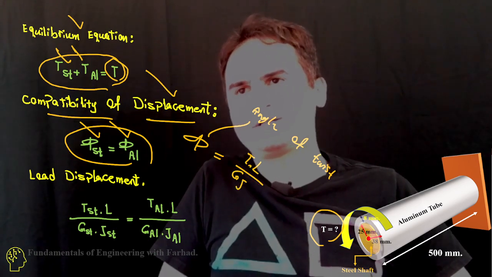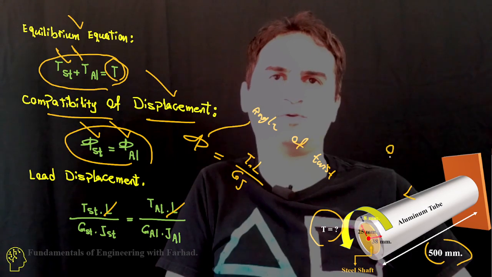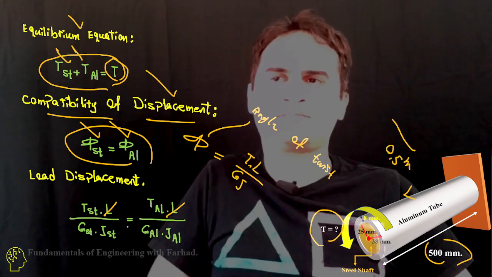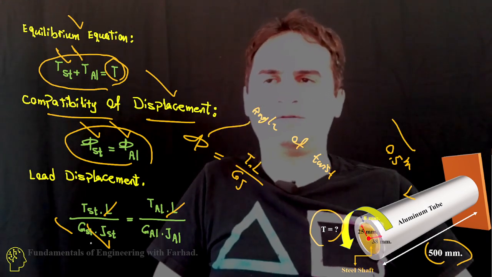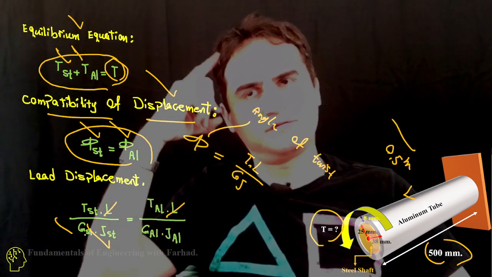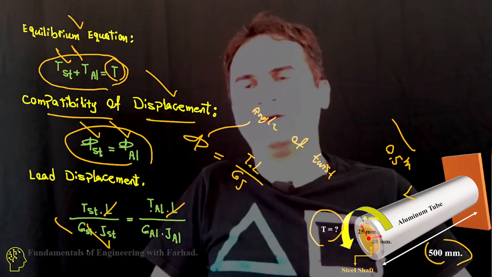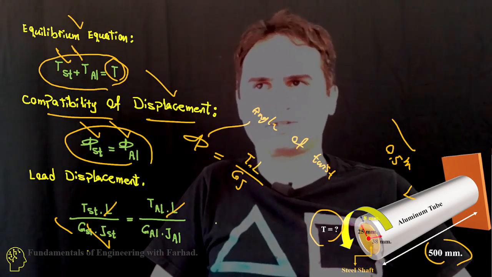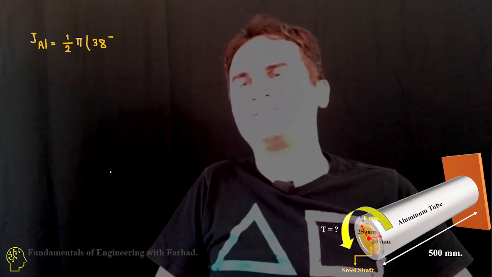So T for steel, with L the same in both of them, 5 meter, times G steel over J steel, the polar moment of inertia of each material times its modulus of rigidity, should be equal to the other side. So these are the three equations we need to solve our problem.